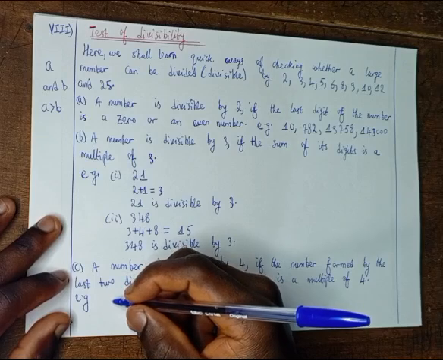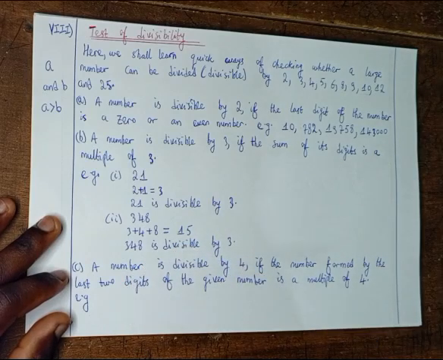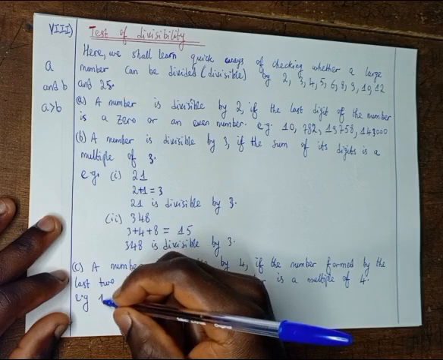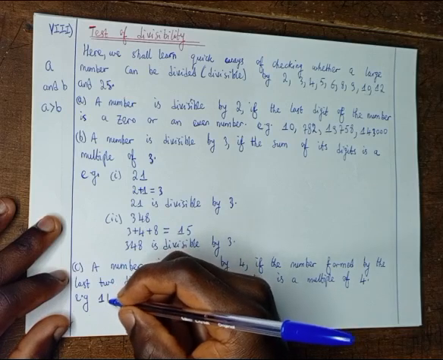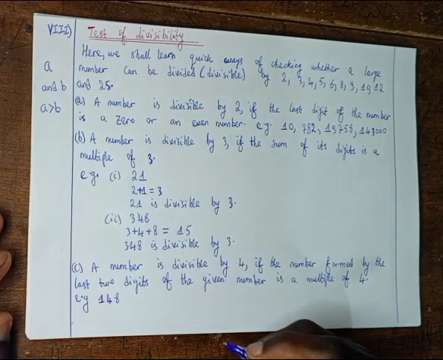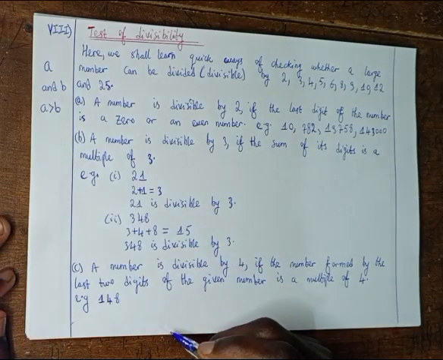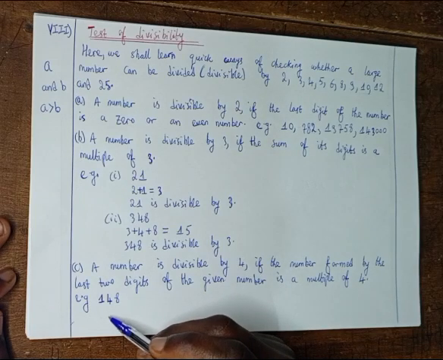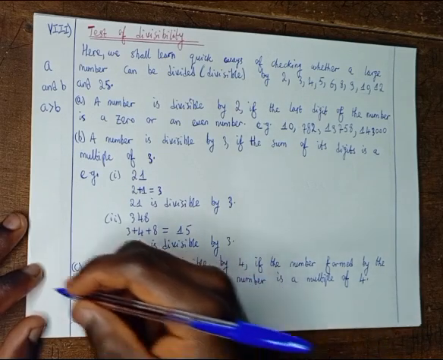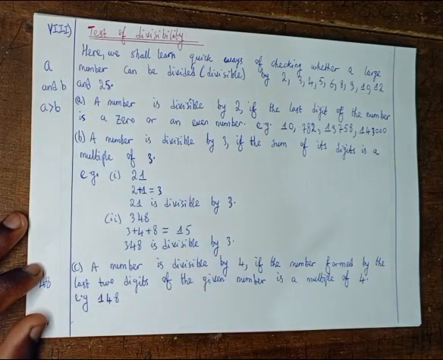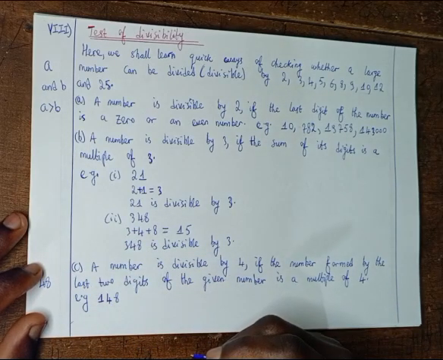We take, for example, the number 148. The number 148 is divisible by 4 because the number formed by the last two digits of this number is 48, and 48 is a multiple of 4.